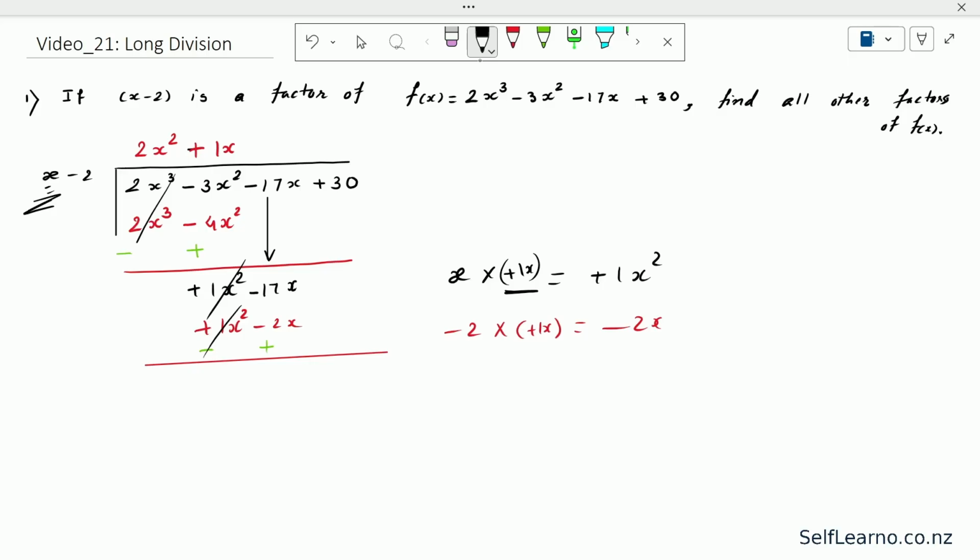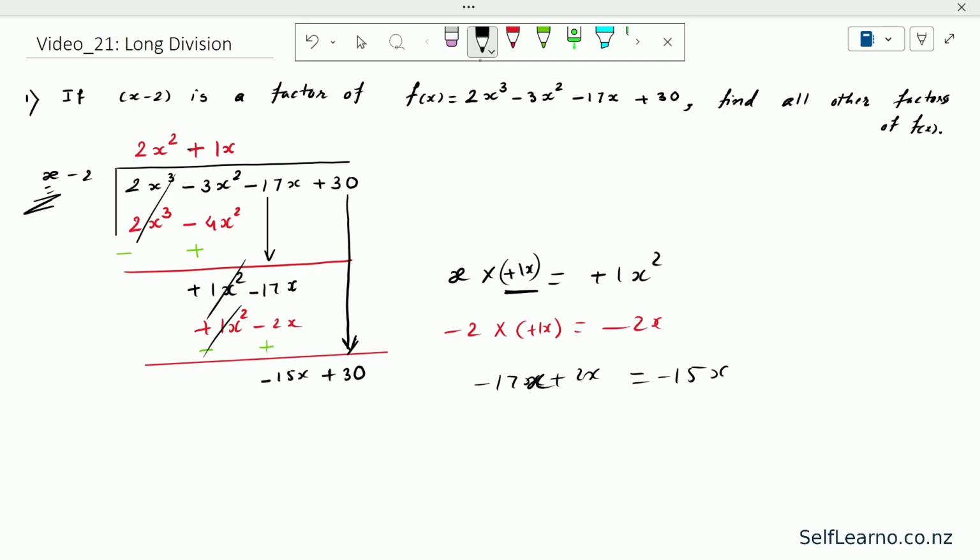Negative 17x plus 2x gives us negative 15x. Okay. We have not used this 30, bring it down. Plus 30 comes here.